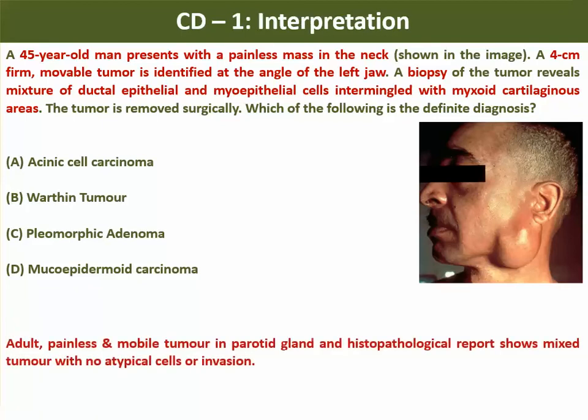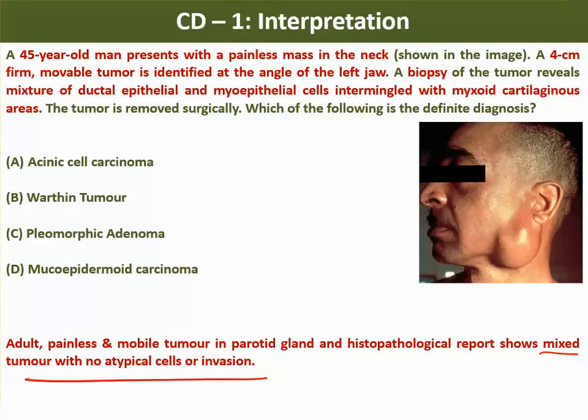And that's why we came to the conclusion that it is a mixed tumor with no atypical cells. Atypical cells means cancerous cells or invasion. There is no invasion. Understand? Another point is, there might be some carcinomas where the cells look benign, but they will be invasive. Understand?